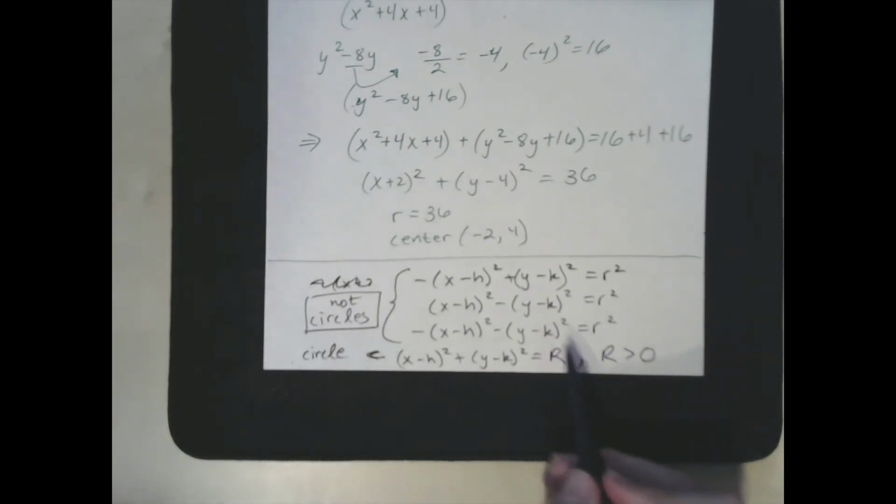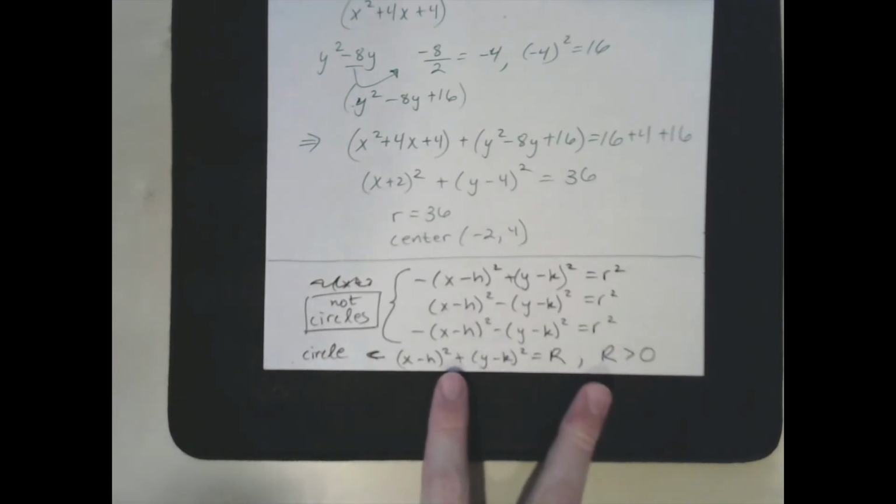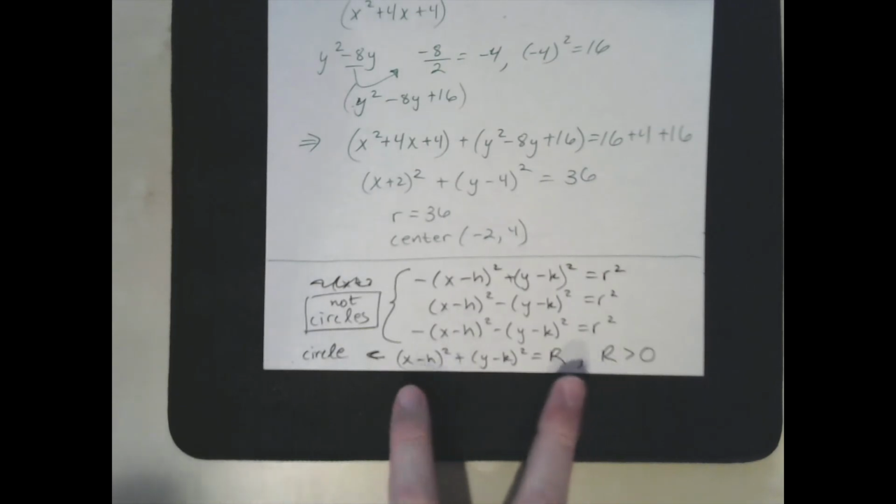So if this number is negative, it won't be a circle because circles don't have negative radius. But if this R is anything, now we like having perfect squares, but they don't have to be. So if this capital R is something like 10, it's still a circle. Its radius is square root of 10. So keep that in mind as you're working through these problems in the homework.